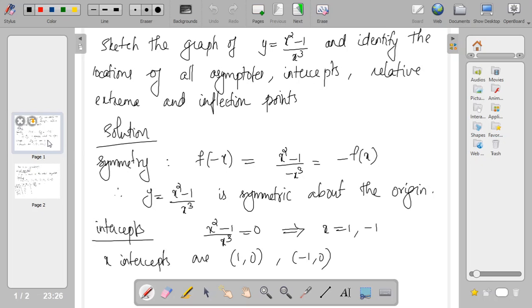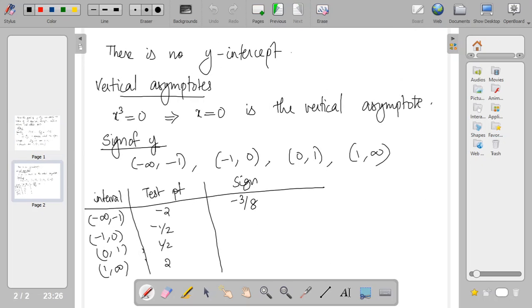So the value is going to be 6 in magnitude, and at 1/2 it will be negative, so -6. At 2 it is again the negative of this, because our function is an odd function, so 3/8.